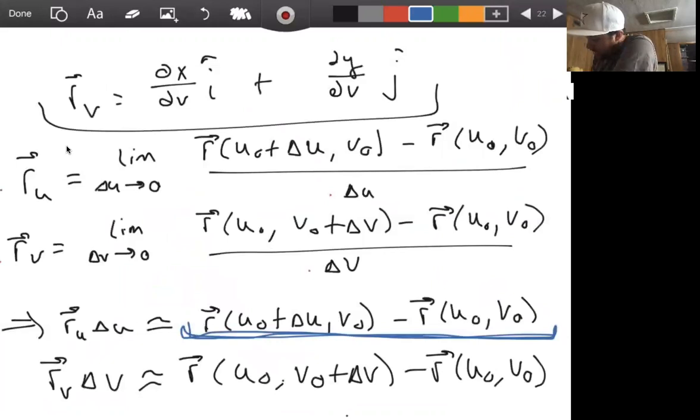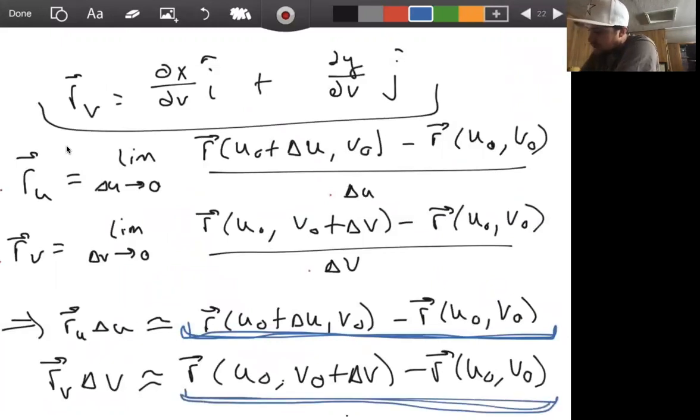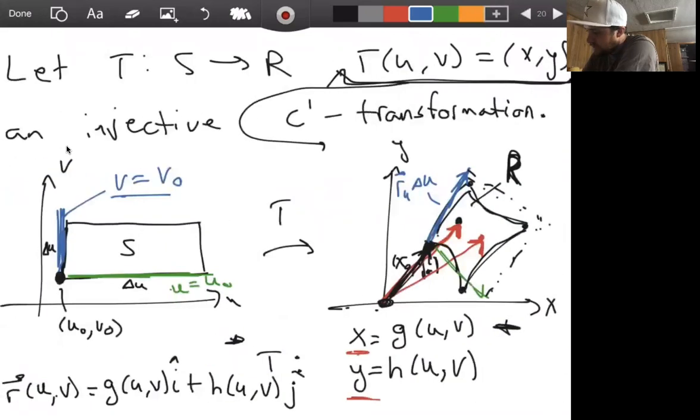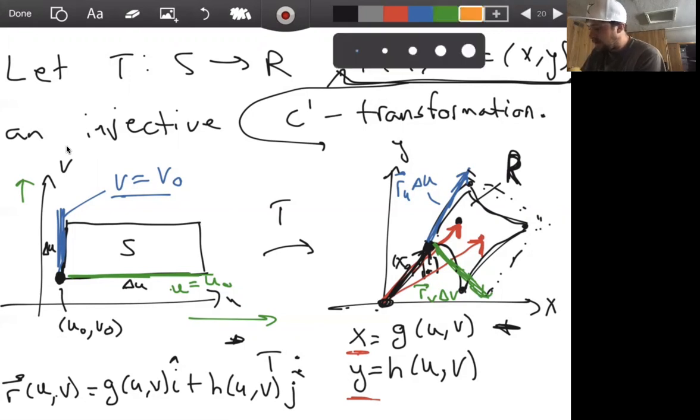And now here we get the same thing, but with a small change in v and no change in u. We get that this then is r sub v delta v, because it's a small change in v, like however the tangent curve is behaving, right? It has nothing to do with the directions u and v over here. It has to do with what the curves look like in the image. And so we have this r sub u delta u, r sub v delta v, and we can call this the area of this parallelogram.